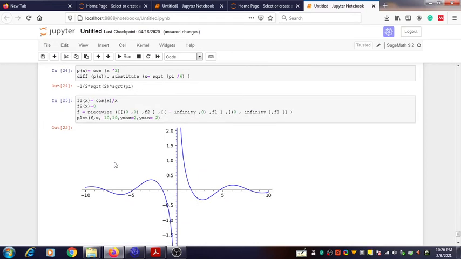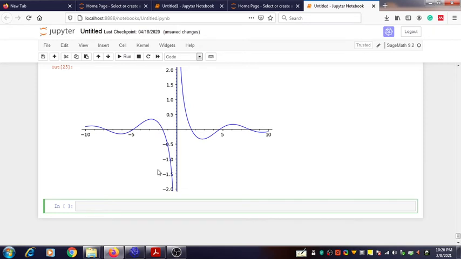When you draw the plot for a wider area, you can see that these curves are not going to meet at the point x equal to 0. But it is continuous beyond that, from minus infinity to plus infinity, on the left side of the point x equal to 0, it's continuous.